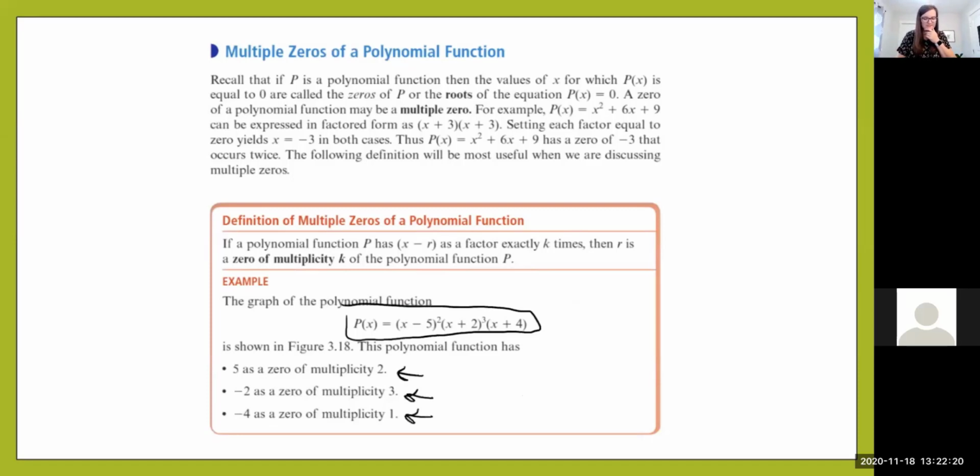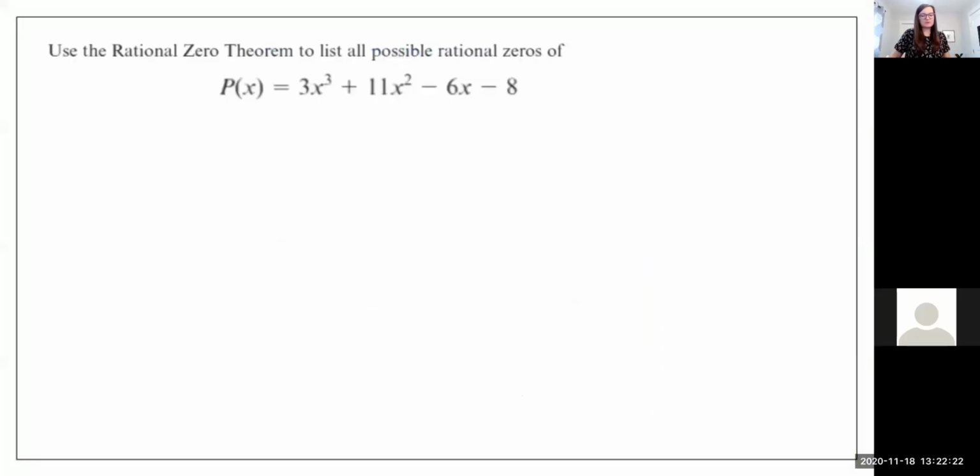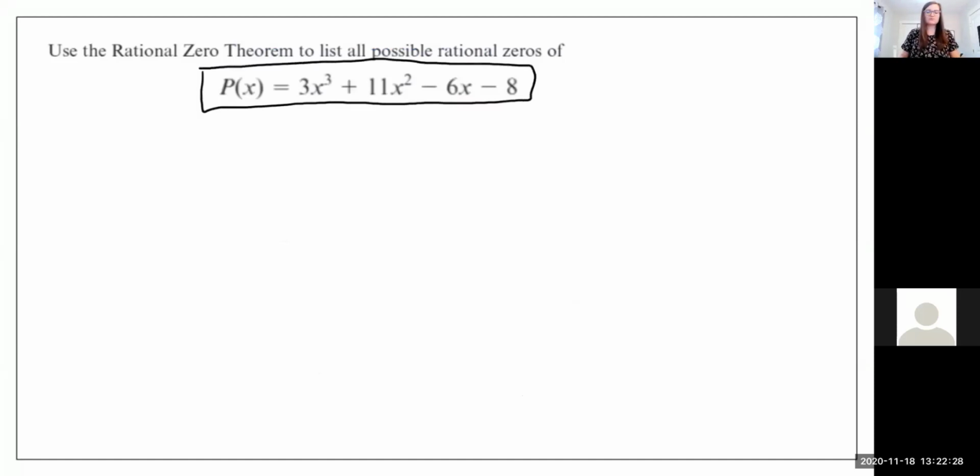We just did that. So now let's say we have something like this, right? It's not factored, and for this lesson we're really just zooming in on how to find the zeros. Last time I had given you the term to divide by, like let's say divide by x minus 2.